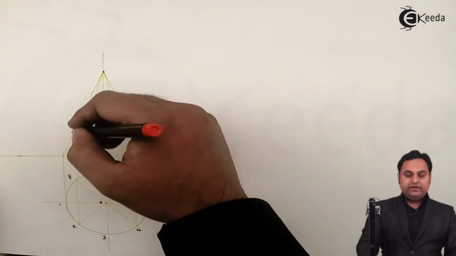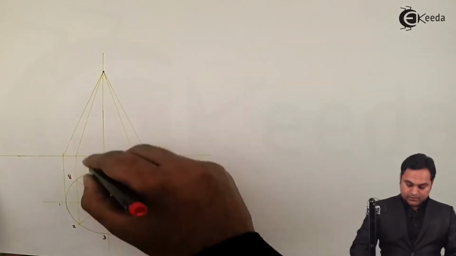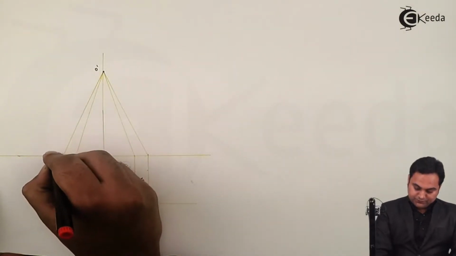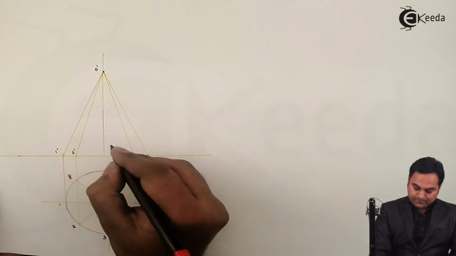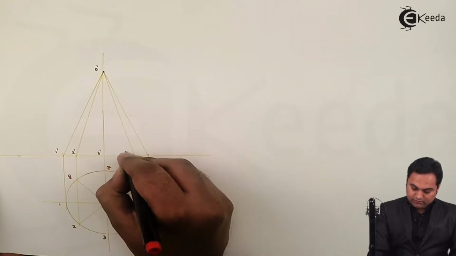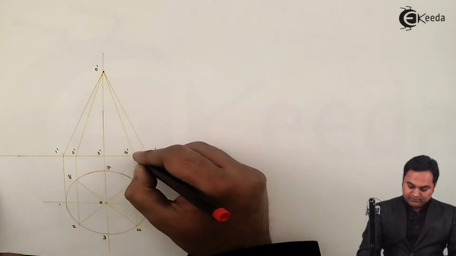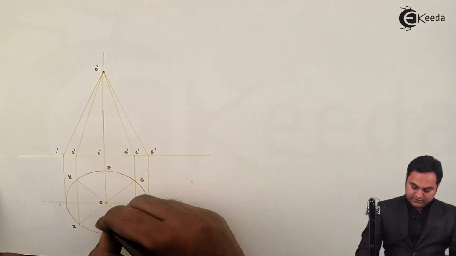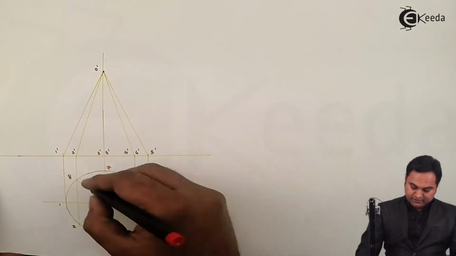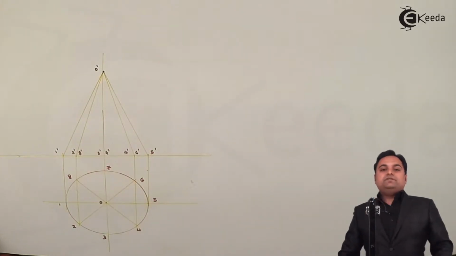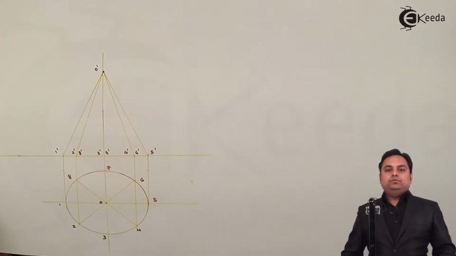So these are the generators of the cone. Here is O dash, apex. This is point 1 dash, 2, 3, 4 and 5. Where we have 4 at the same location we have 6, 3 and 7 are coinciding, and 2 and 8. Now this is the initial condition of the cone.